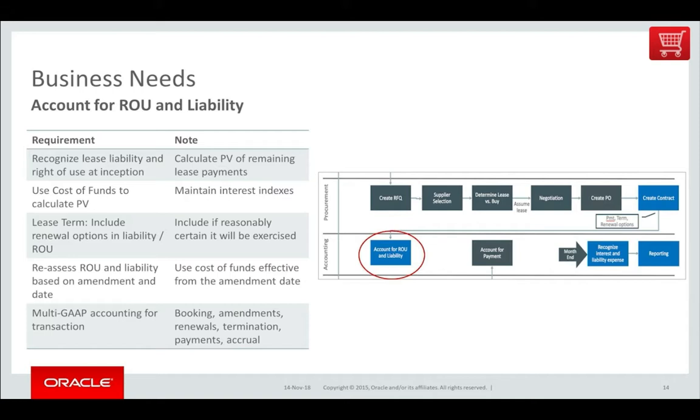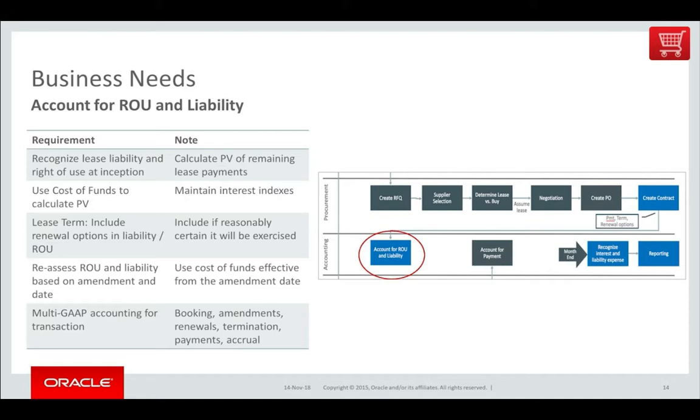Lease term is relatively simple, but if you plan on exercising your options, you've got to make that your lease term. Again, as I mentioned, any changes to your contract, if you have an ROU change, if you have an asset change, you're going to have to do an amendment on your contract, and then again, you have to recalculate and reassess your ROU and liability.